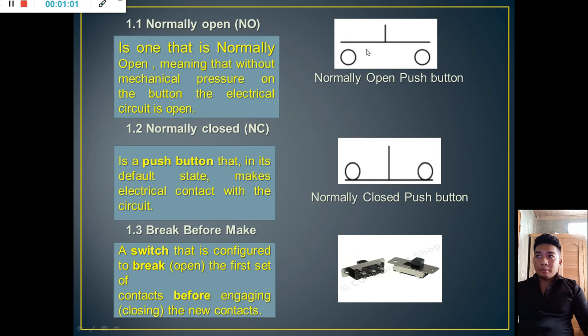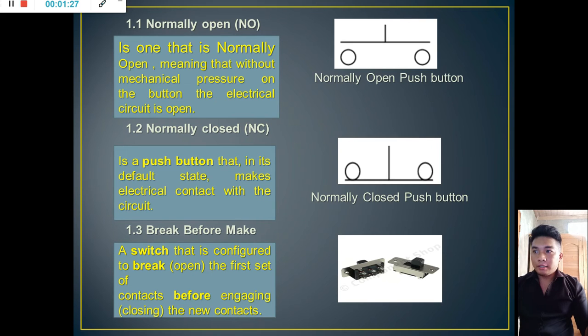See, this is an example of that normally open push button. There's no connection, meaning naka-off. Normally closed is a push button whose default state makes electrical contact with the circuit. So there is a contact, meaning the push button is naka-on. There's continuity over the circuit.